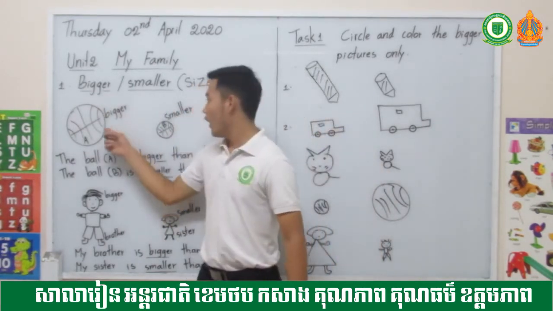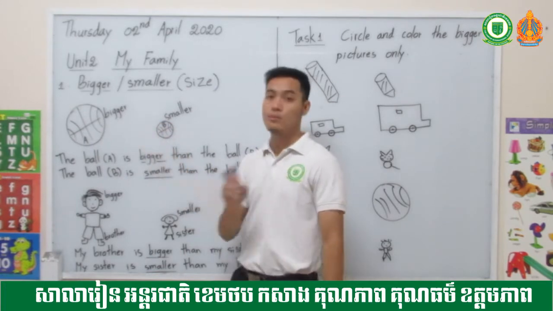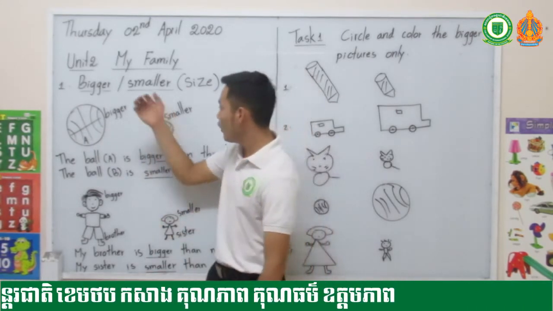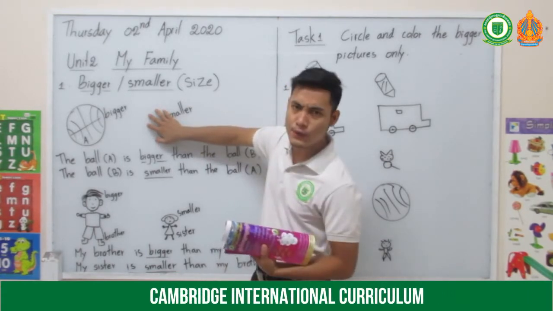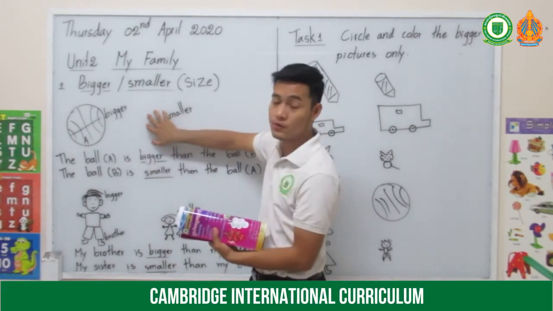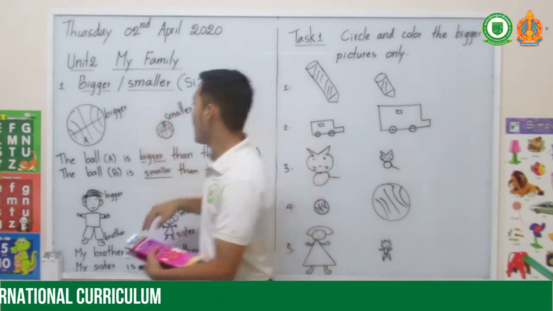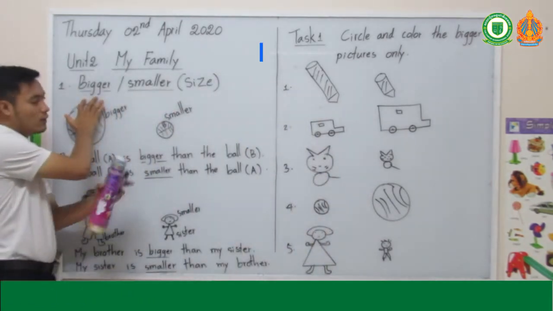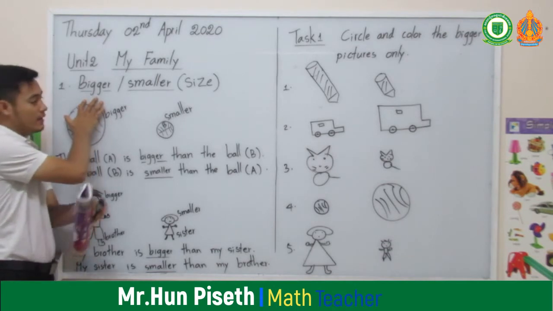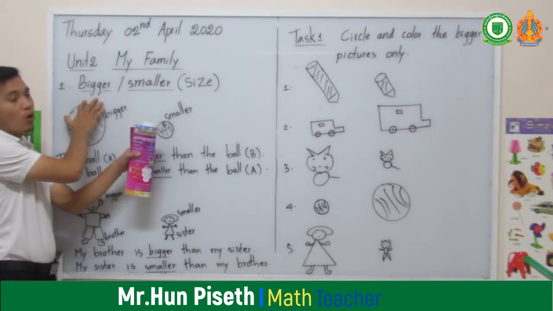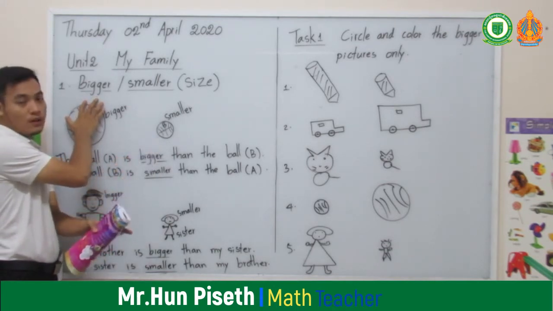Look, over here there are two balls. When you look at only one ball, you really don't know whether it is big or small.